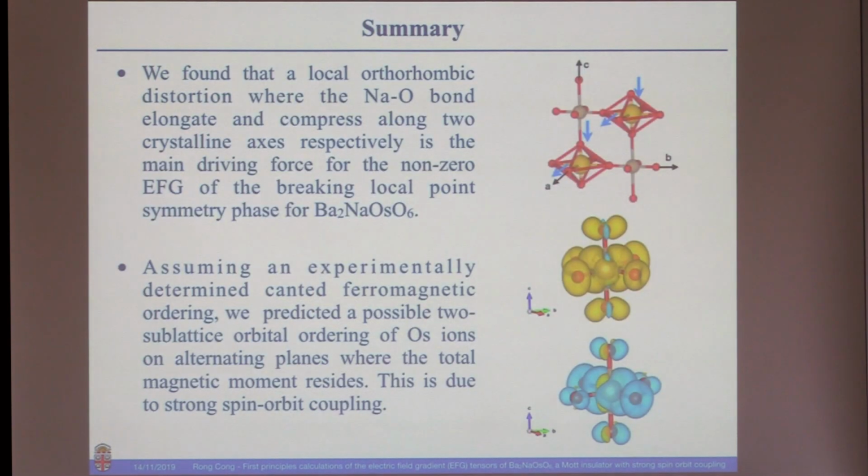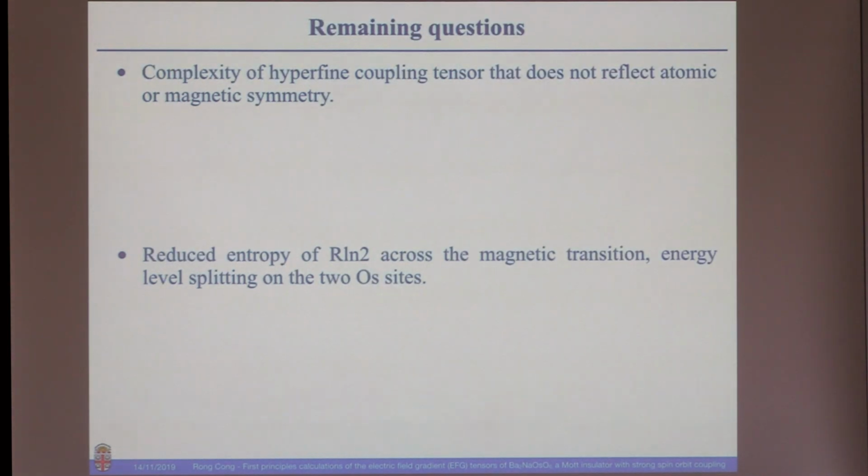I hope I have explained why we think there's structural distortion and how we estimate it from the experimental point of view. But there are some other remaining questions, like the complexity of the hyperfine coupling tensor that does not reflect either the atomic or the magnetic symmetry, which it should for the NMR measurement.